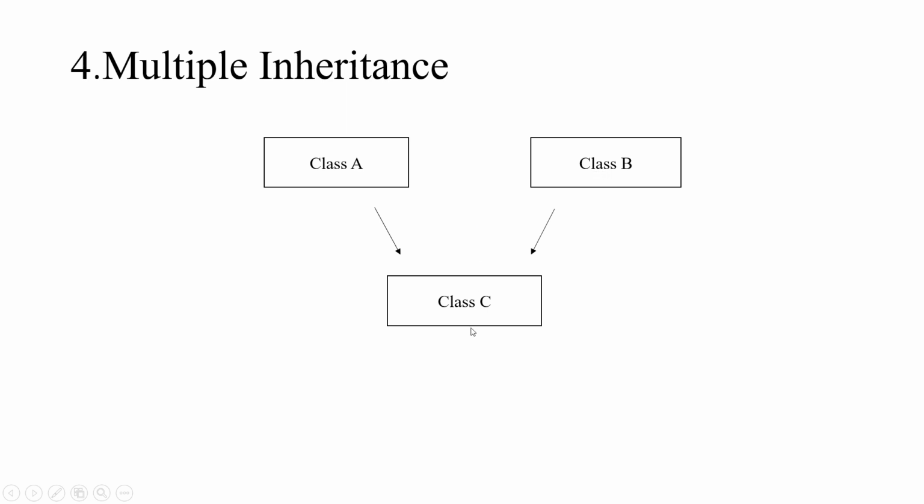Then in the child class, when we call that method, the compiler will be confused about which method to call first, the class A method or the class B method. So ambiguity occurs. That's why Java doesn't support multiple inheritance. To solve the problem of multiple inheritance, Java supports interfaces.